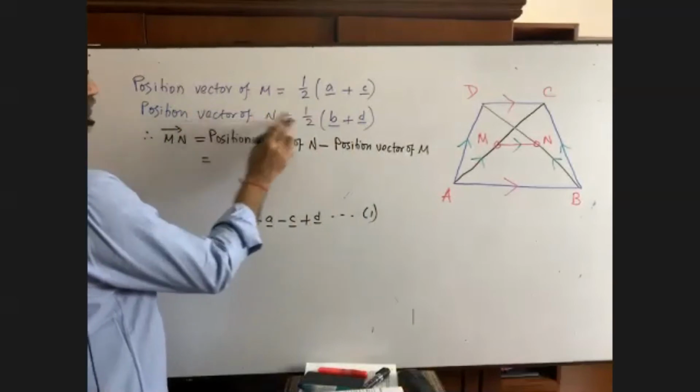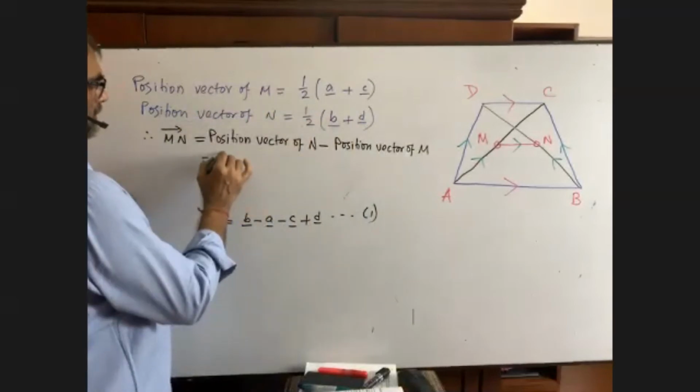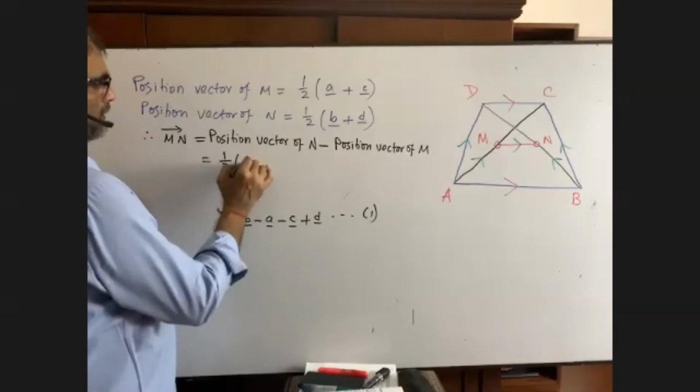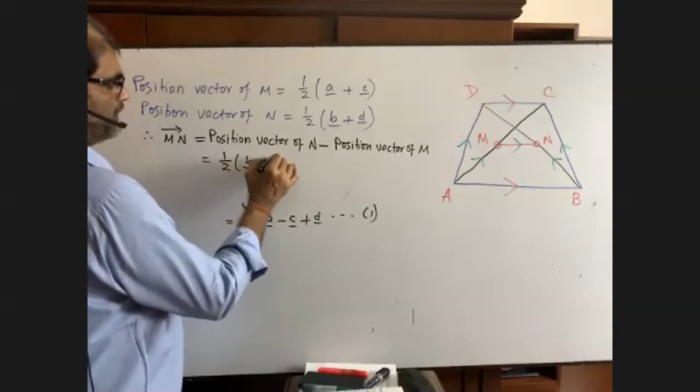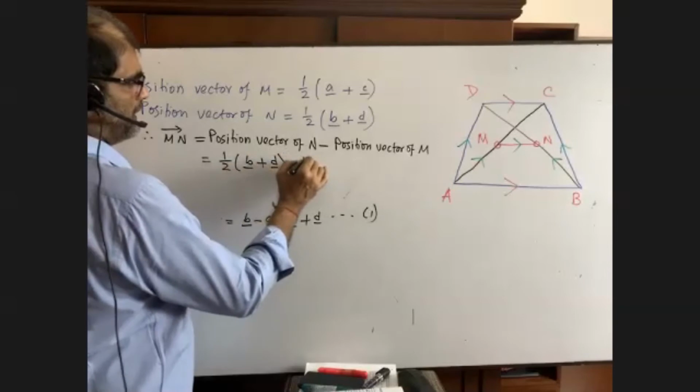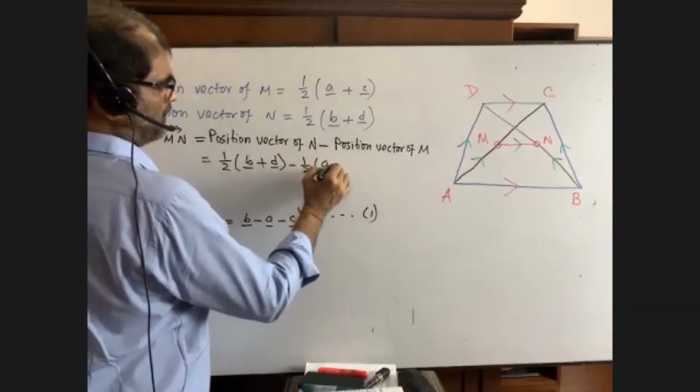Position vector of N will be kept first. So half of B plus D minus half of A plus C.